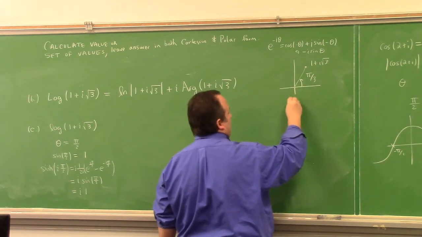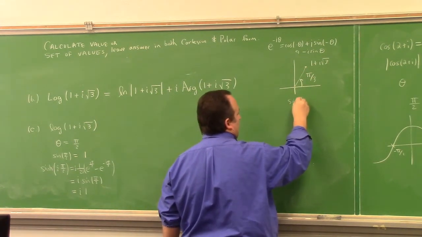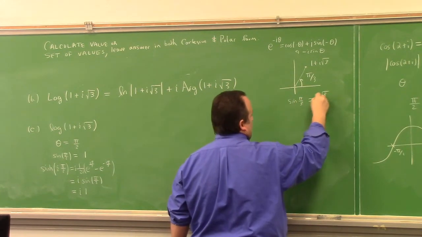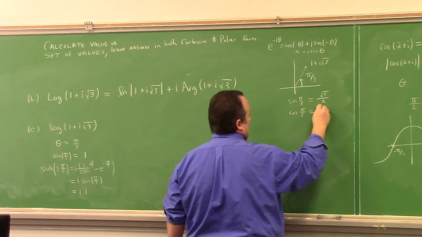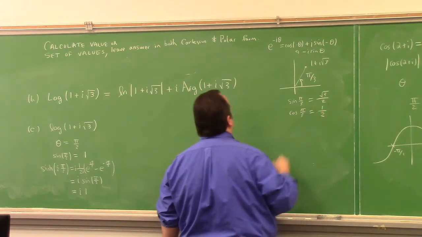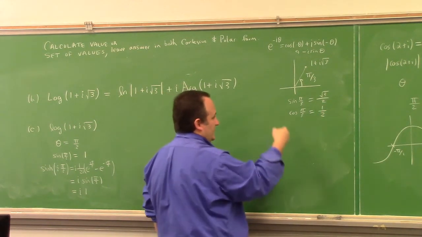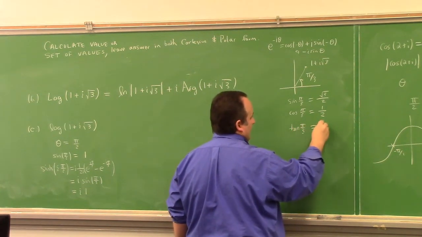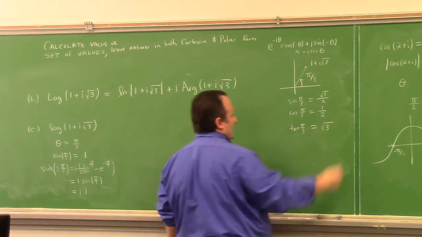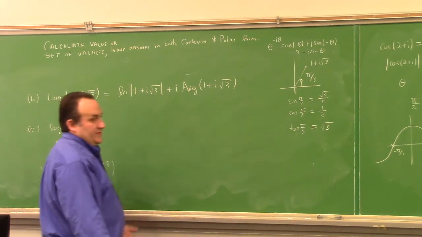The way to see that, of course, is sine of pi over 3 is root 3 over 2, cosine of pi over 3 is 1/2. So when you divide those, tangent of pi over 3 is root 3.